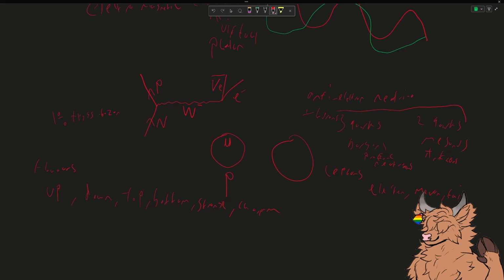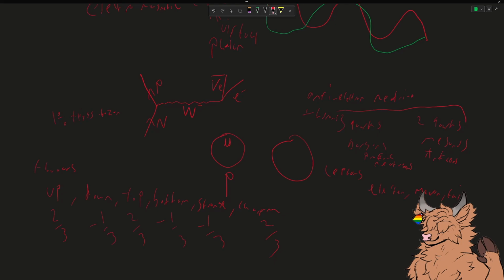The up quark is 2/3, top quark 2/3, charm quark 2/3. This is charge relative to the electron. Strange quark -1/3, bottom -1/3, down -1/3.